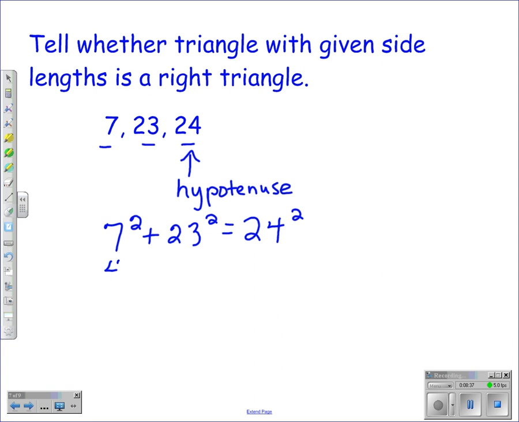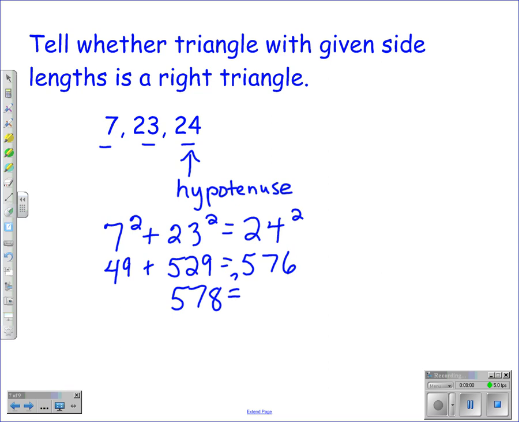Well, 7 squared is 49. 23 squared is equal to 529. And 24 squared is equal to 576. Now, 49 plus 529 is equal to 578.